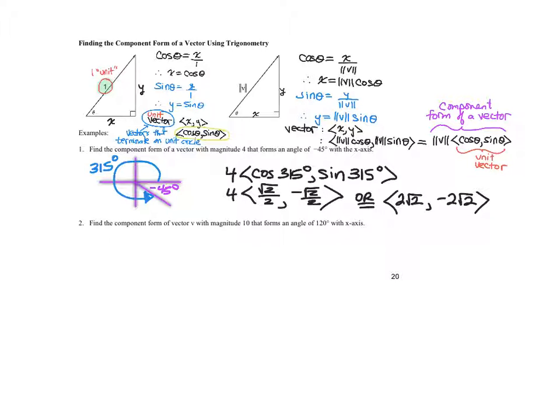Except this is my R. The magnitude of v, that's the R. Before, the hypotenuse of a triangle, we typically denote using the letter R. Here I'm calling the hypotenuse the magnitude of v, but it takes on the same role. So by finding the component form of a vector, you're really finding the polar form of that vector. So if you know one, you know the other. It's just a matter of getting the notation down.